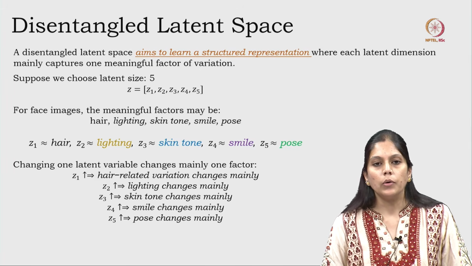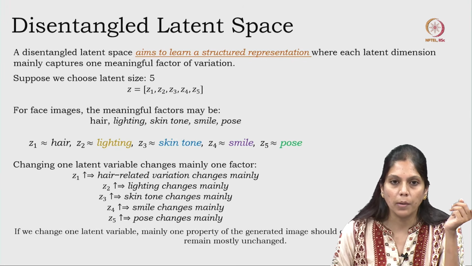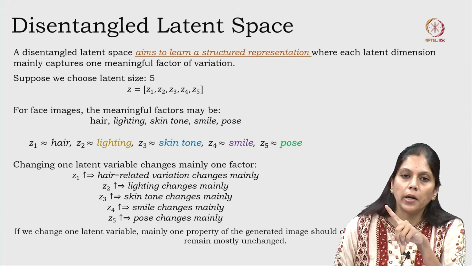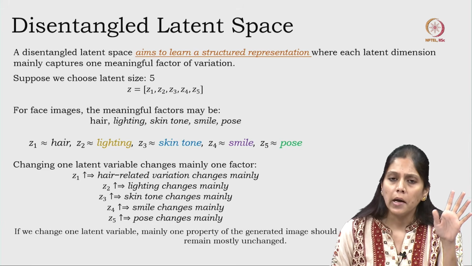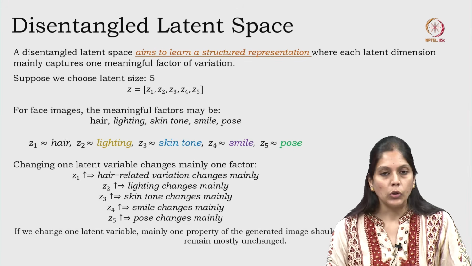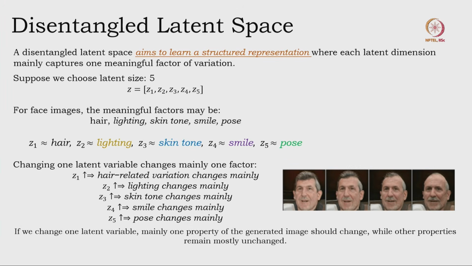So if you change only one latent variable, then only one property of the generated image should change, and the rest of the features should remain the same. All these are generated images, and only one parameter has been changed. What is that parameter?